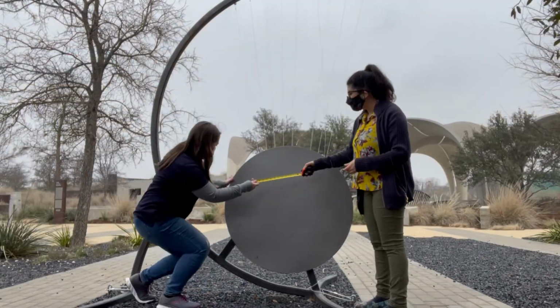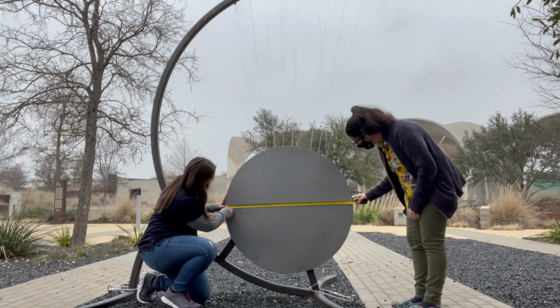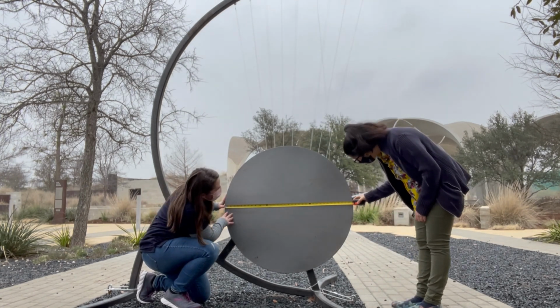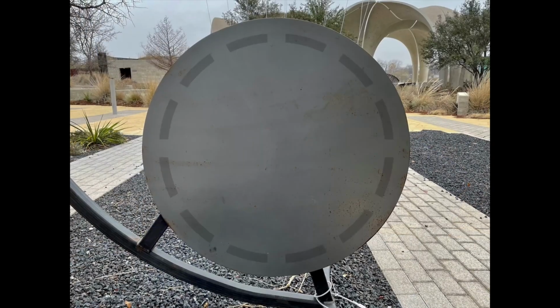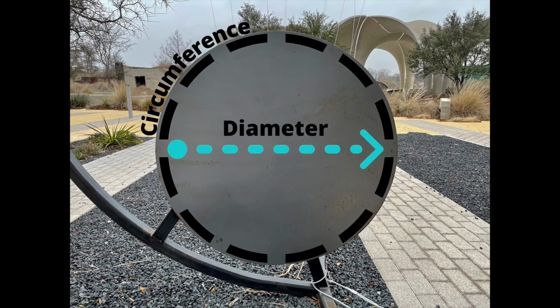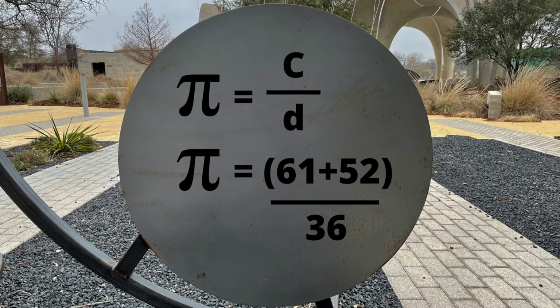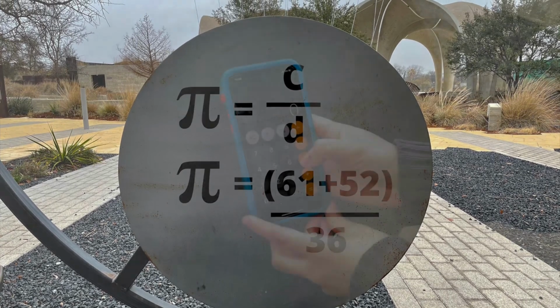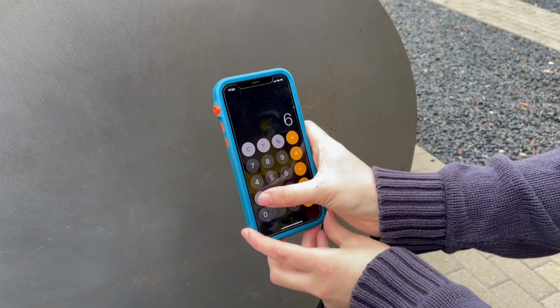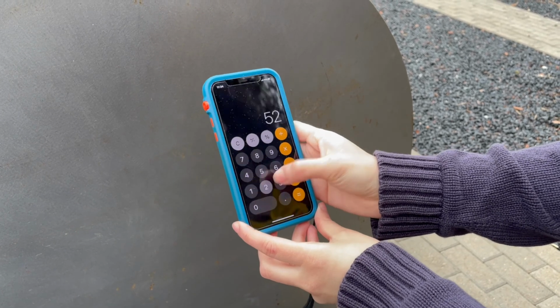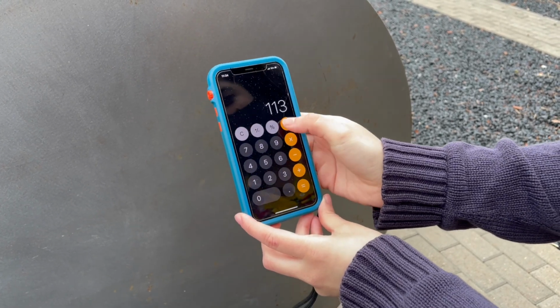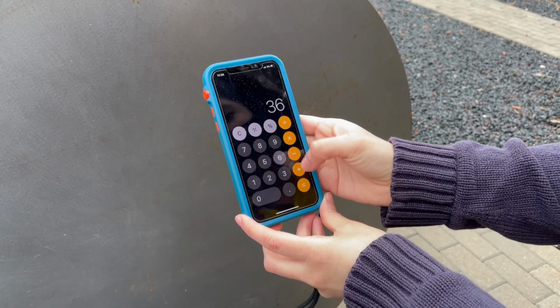Now we'll find the diameter of the wind harp with our measuring tape. It's 36 inches wide. Let's use the circumference and the diameter to find pi. This is the equation we'll plug into the calculator. As you can see here, our calculator found the answer to round up to 3.14, which is pi.